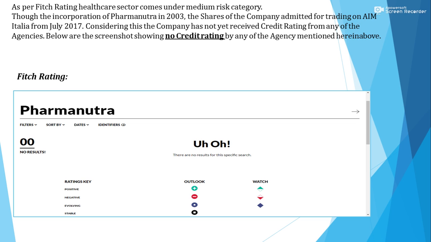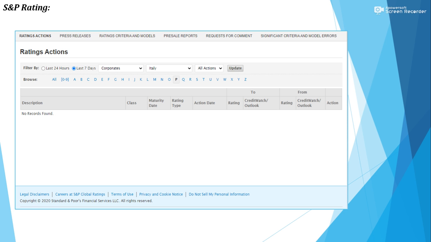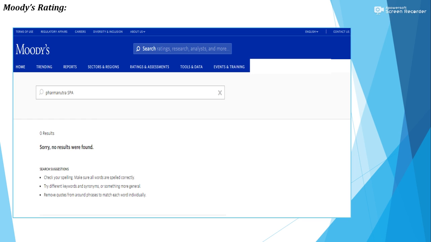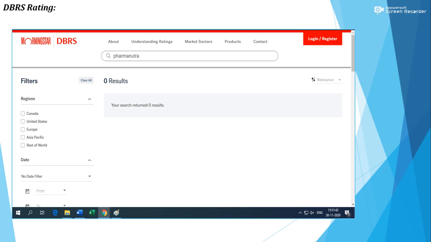There is no credit rating from Fitch, S&P, Moody's, and also DBRS for Pharma Nutra.